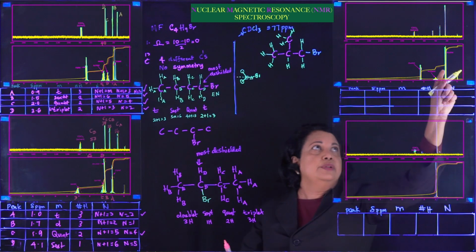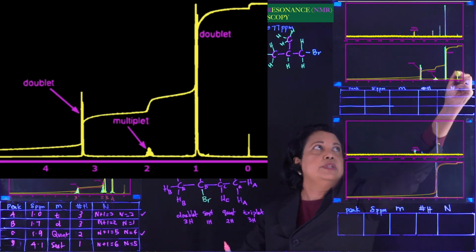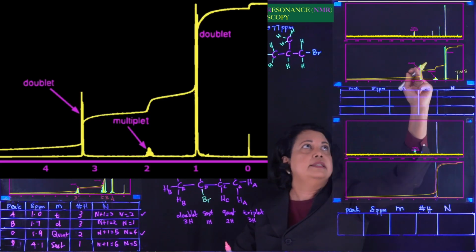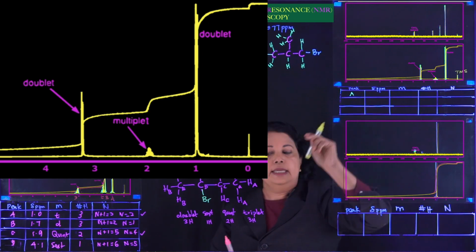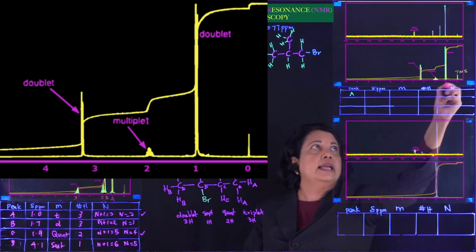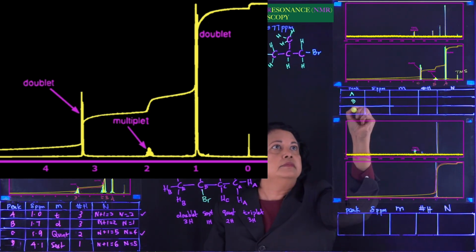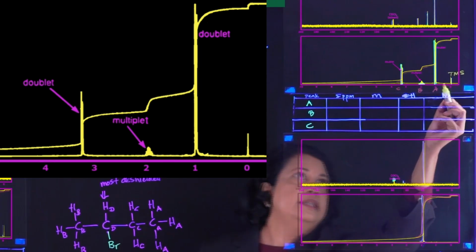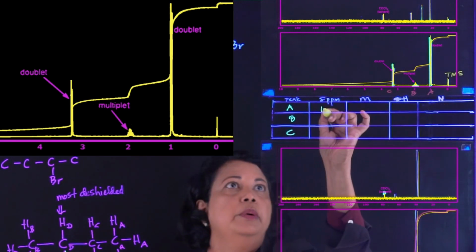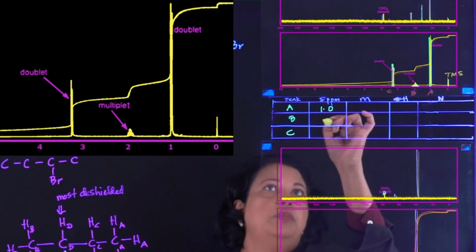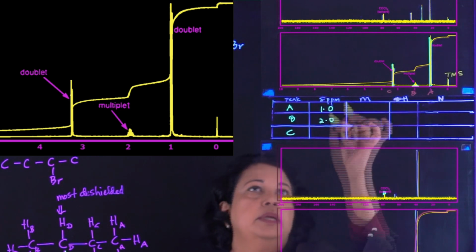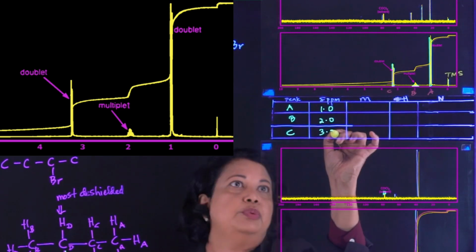We have again 3 different peaks. This is our TMS, which you don't really have to worry about. So A, B, C. Let's look at the multiplicities and the delta. Delta for this is going to be 1.0. This is going to be 2.0. And this is going to be about 3.3.